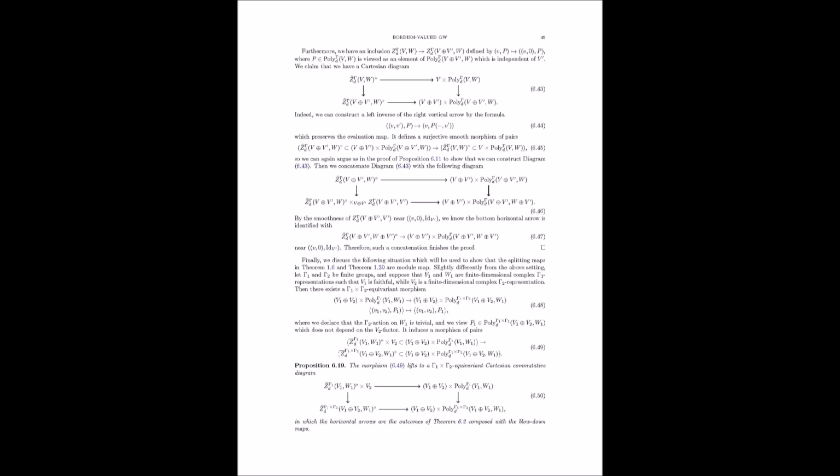Like a secret decoder ring. Yeah, like deciphering an ancient code. Okay. And the key to all of this is in Theorem 1.20. Which introduces something called a natural transformation. Denoted by Z. Okay. And this Z is like the bridge between these two Bordism theories.